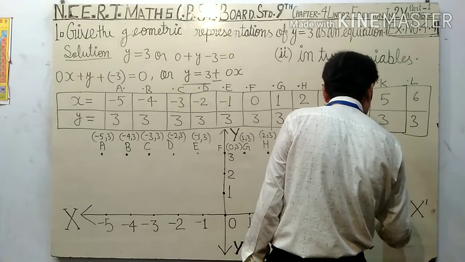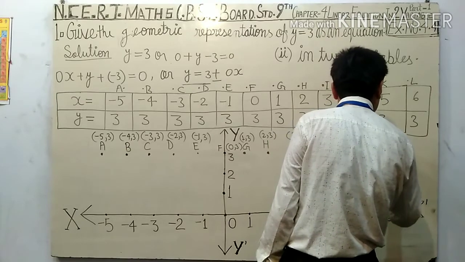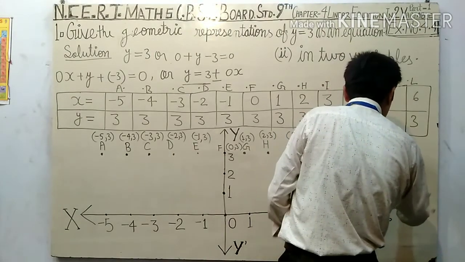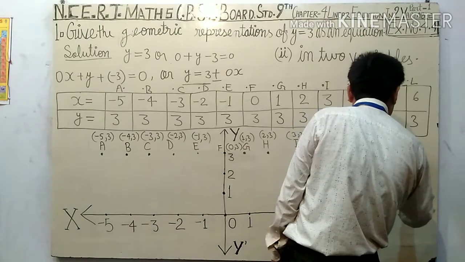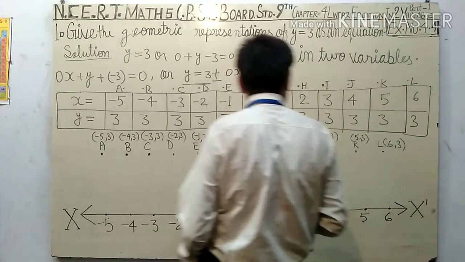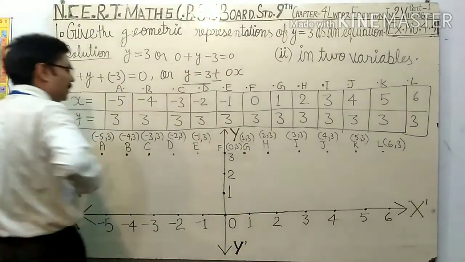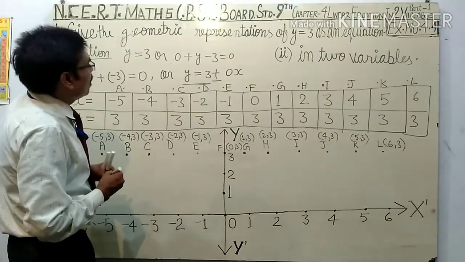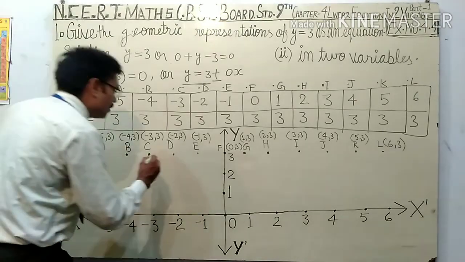And the last value L with coordinates 6, 3. Students, here every value of abscissa can't change the value of ordinate. And now plot the graph.